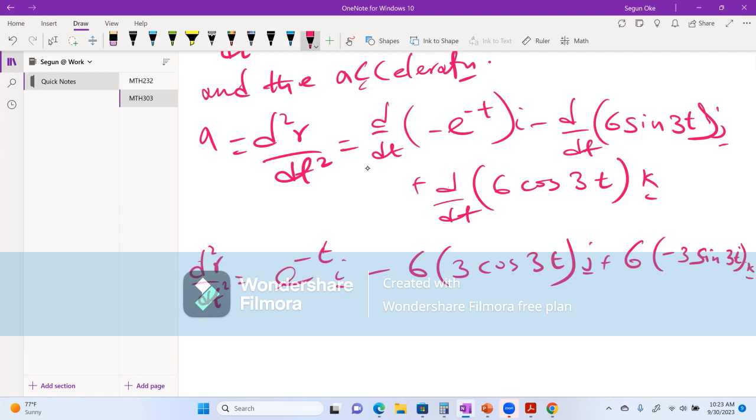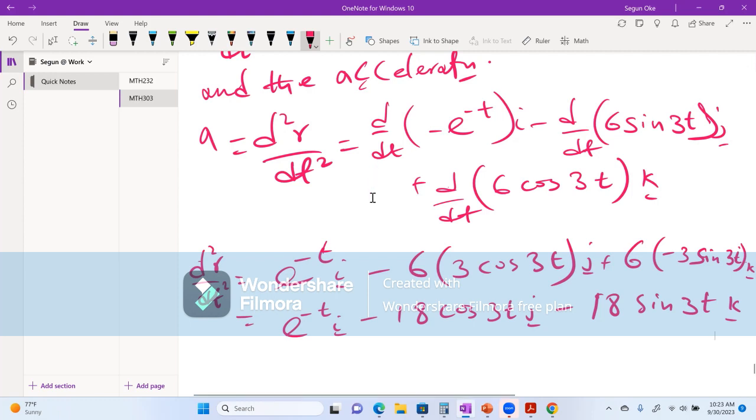Okay. So which is going to be e^(-t) i, minus 18 cos 3t j, minus 18 sine 3t k. Any question? Are we all on the same page? Yes, sir.